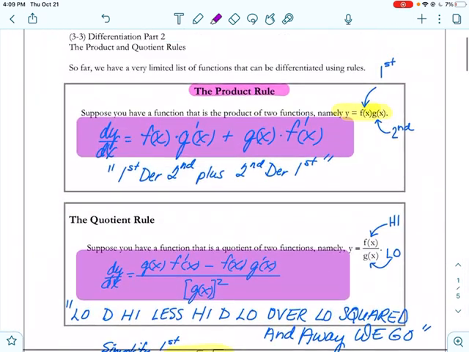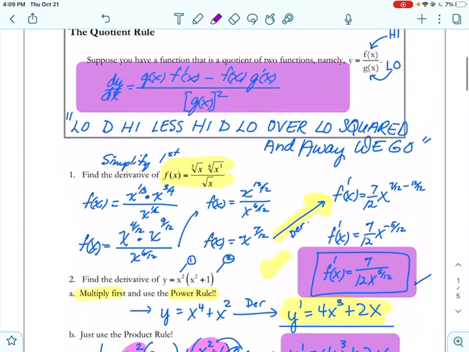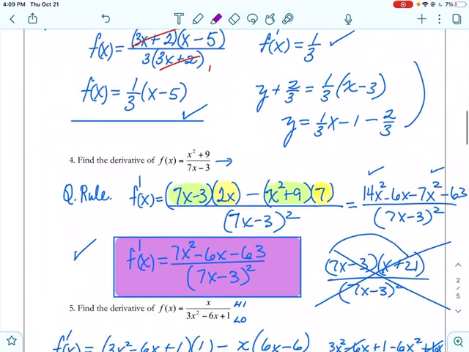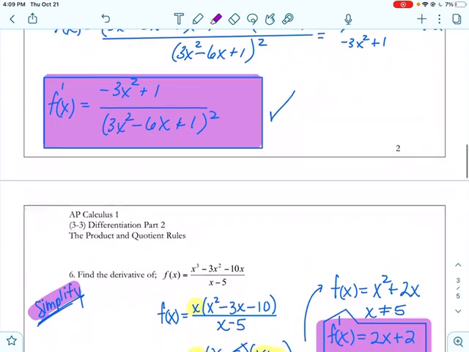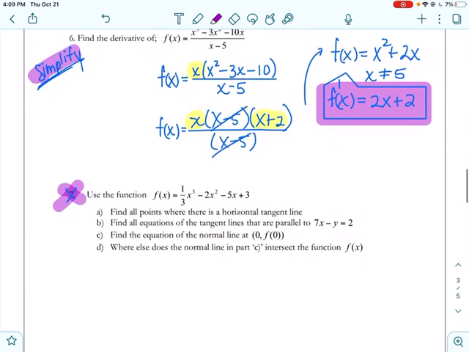Tangent lines and drawing the graph of the derivative. So product rule, quotient rule, simplifying first, getting the derivative.